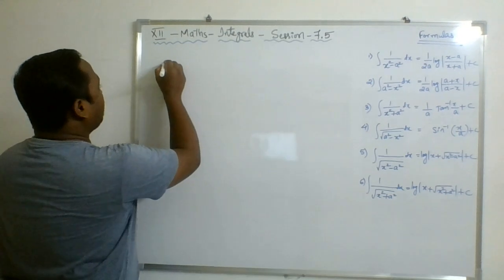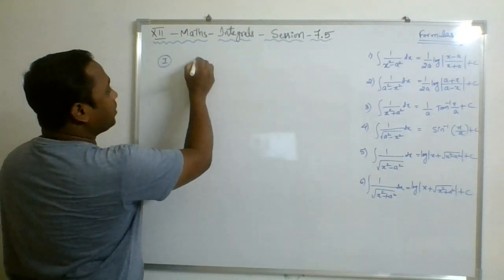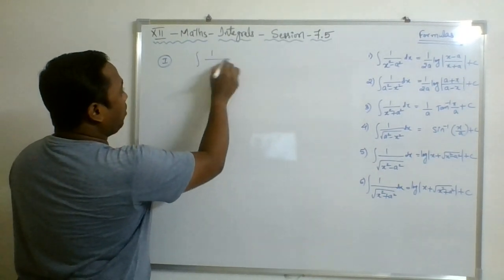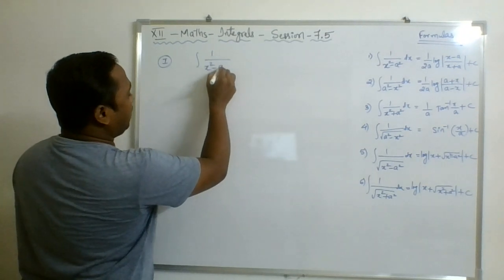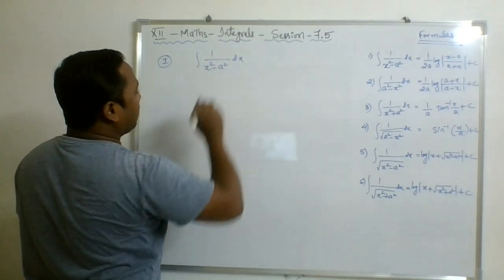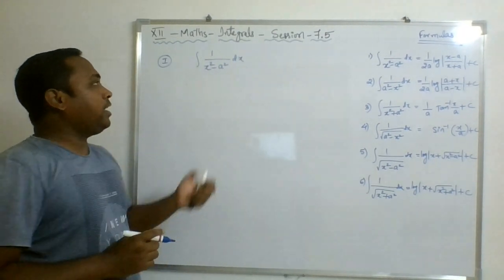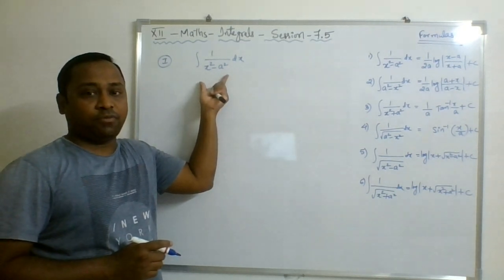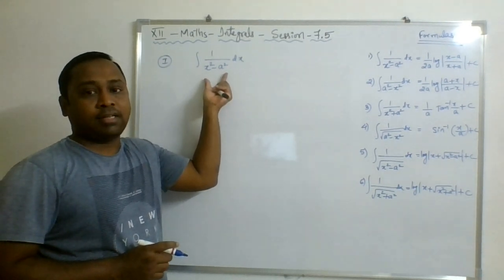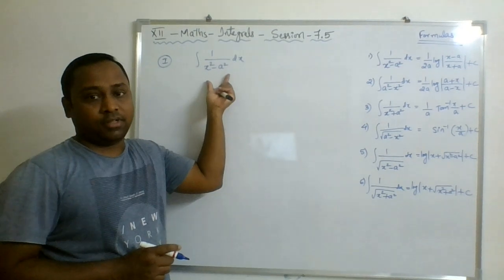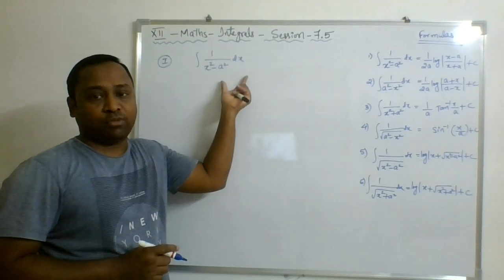I am taking the first formula here. See, integral of 1 upon x square minus a square dx. If you look at the denominator of this function, it is factorizable into linear factors, that is x plus a into x minus a.